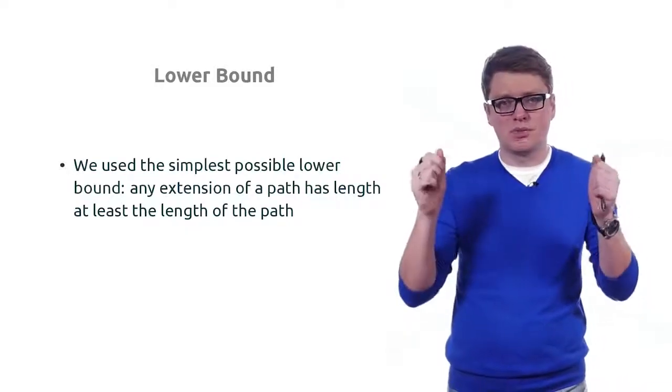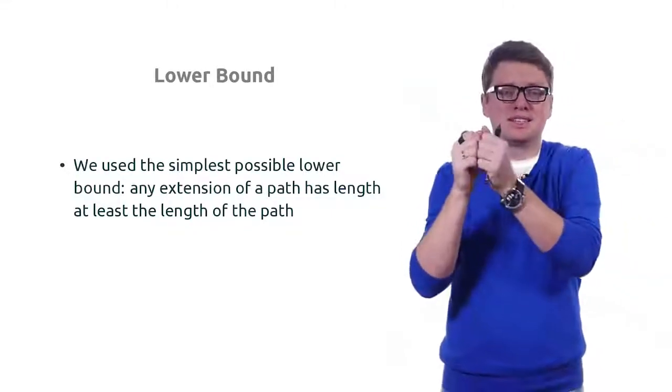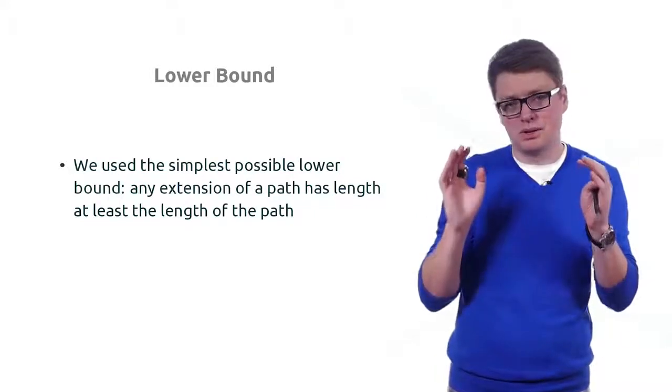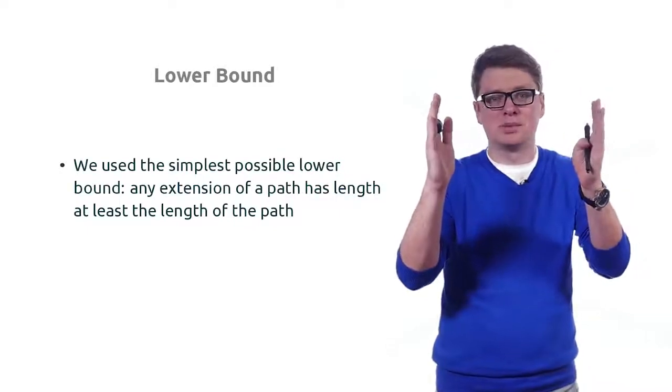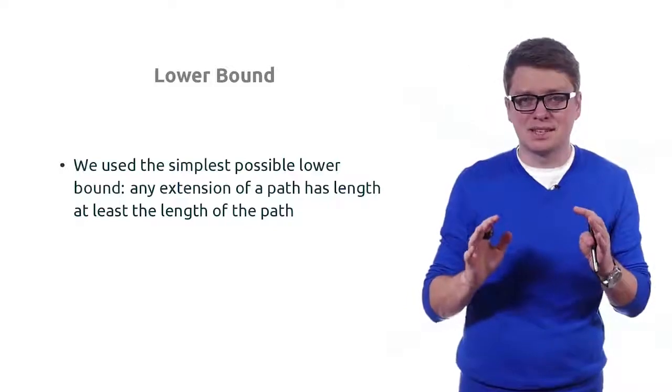We used the following fact: if the length of the current subpath is too long, then it definitely cannot be extended to something which is better than the optimal one, right? If it is already longer than optimal, then by adding some edges we would not make it less than optimal, right?